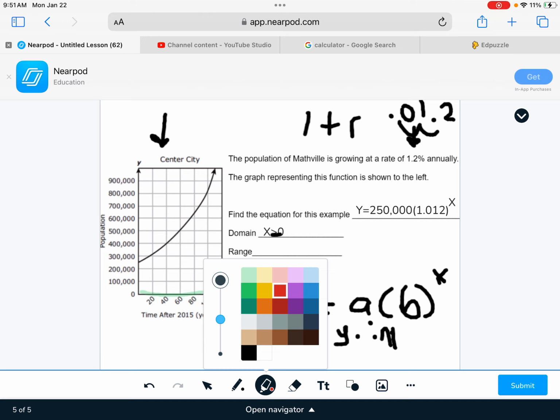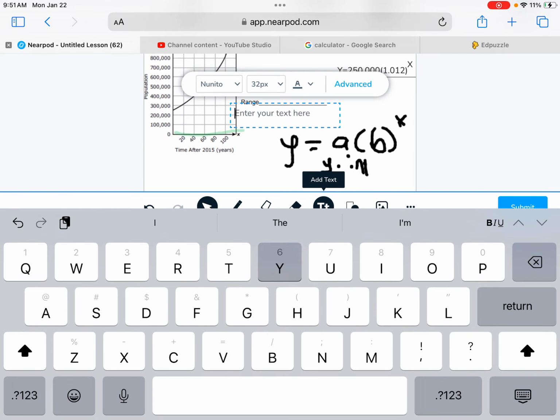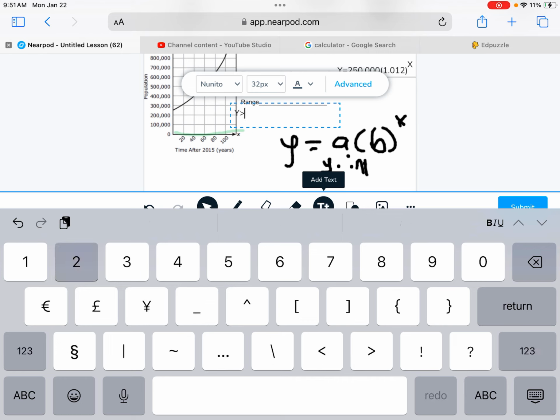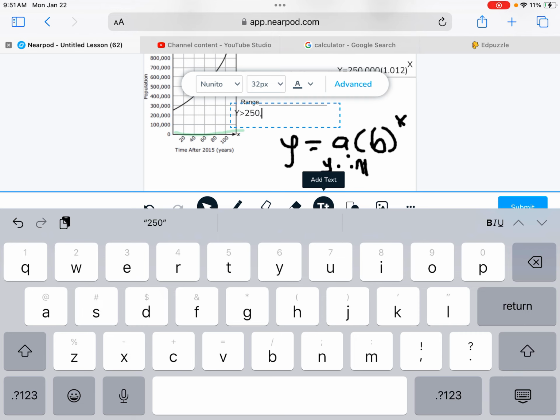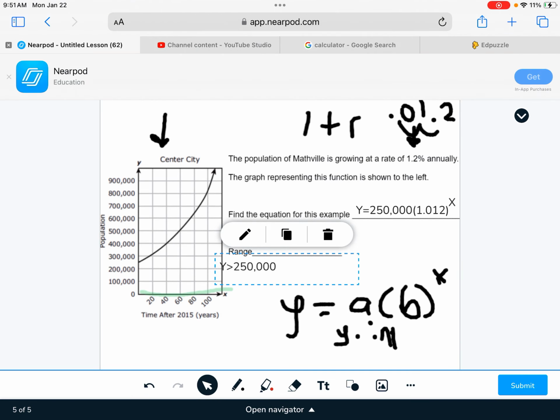Where we start, on an exponential graph like this, is the 250,000. My y does start at 250,000, but since it is growing, it is going to be greater than 250,000. And no, you don't have to have the commas here. It's not going to help or hurt. I'm just adding it so we can see what it is.